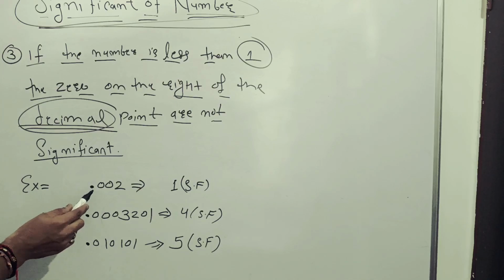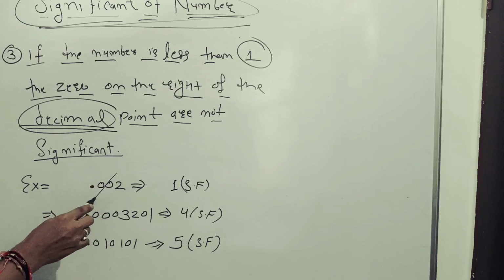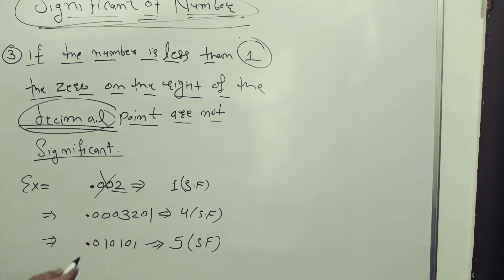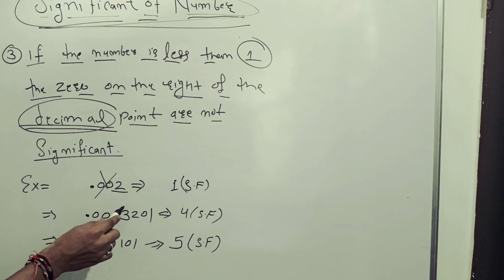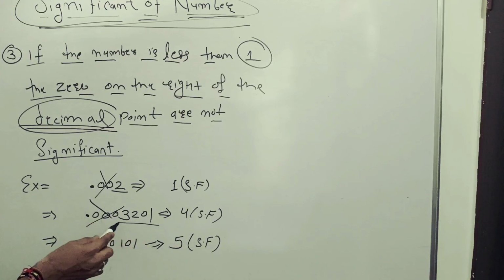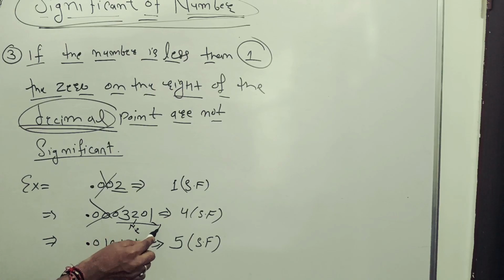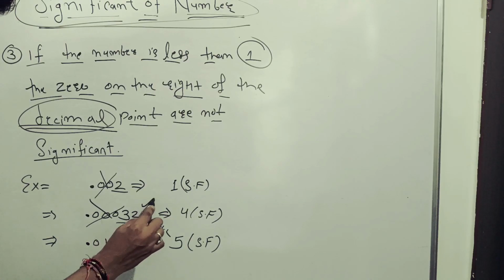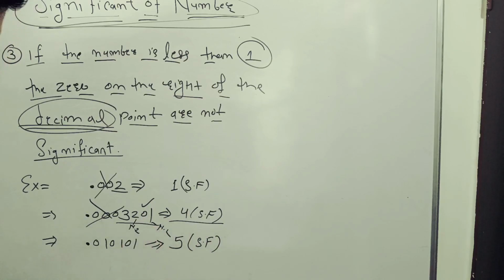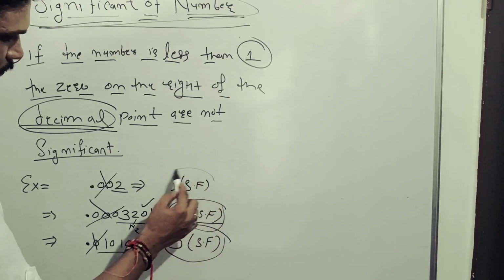For example, 0.002, the zeros after the decimal point are not considered significant. 1.000: the middle zero is between non-zero digits, so that is significant, and the significant figures are 4. And 0.1010: the first zero is not considered and the significant figures are 5.